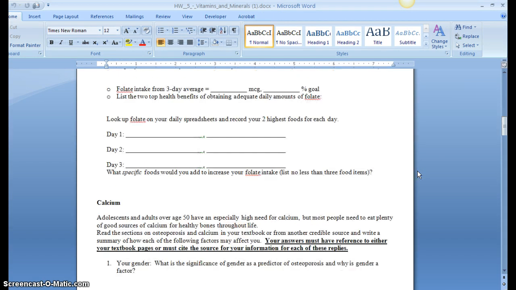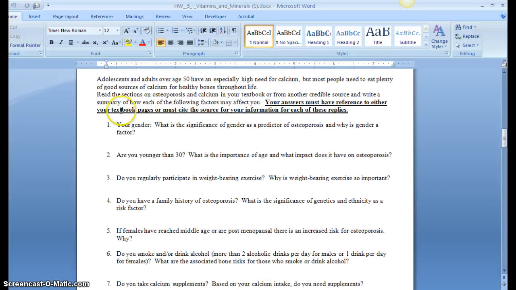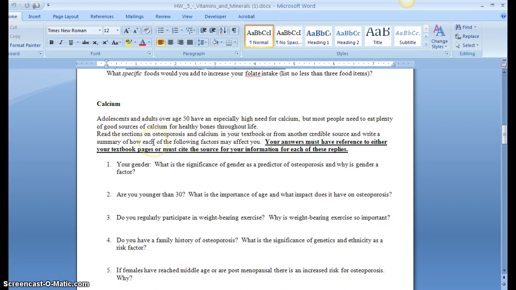What I find interesting are the questions about the interaction, and I've specifically taken some of the common minerals and the interactions that occur with them. For example, calcium: you know from your last homework assignment that calcium cannot be absorbed by the body unless you have vitamin D to allow for that absorption to occur.